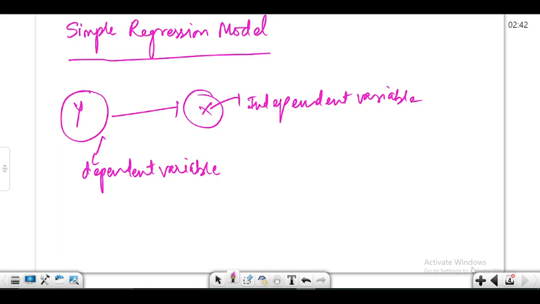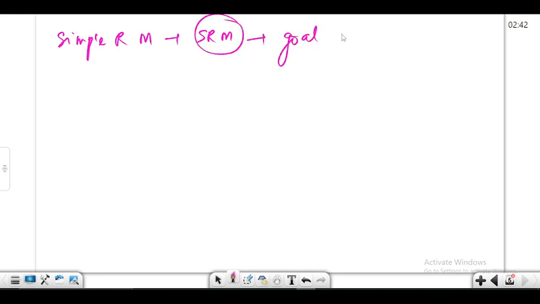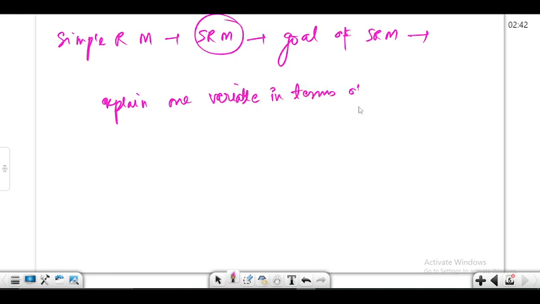Okay, so let's move. The goal here is very simple. The goal of the simple regression model, I'll call it SRM, is to explain one variable in terms of the other.